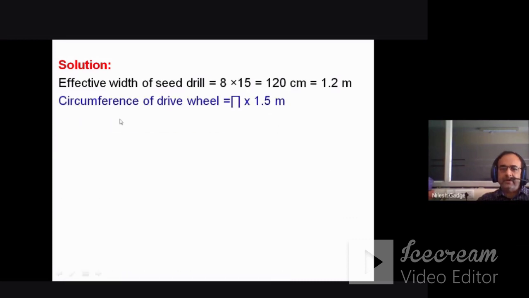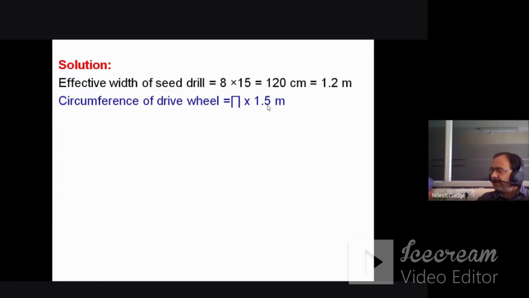Now, find out the circumference of the wheel. Circumference of the wheel is equal to pi multiplied by d. Circumference of the seed drill or any wheel, drive wheel, is pi multiplied by d.